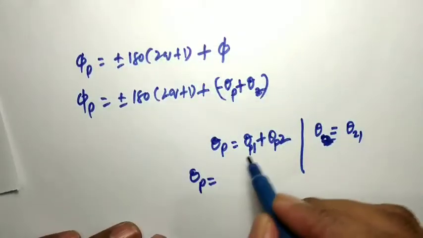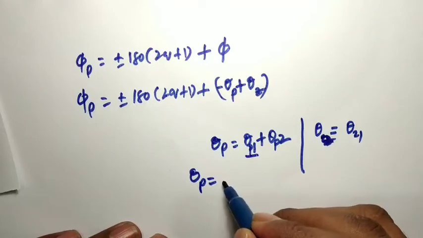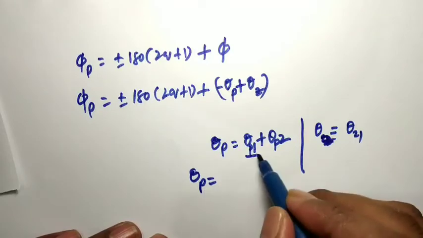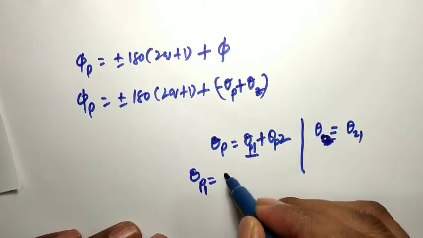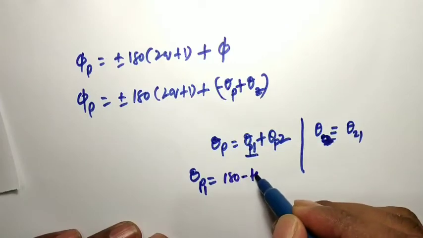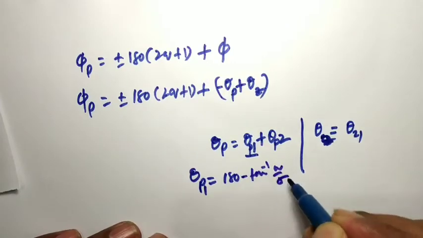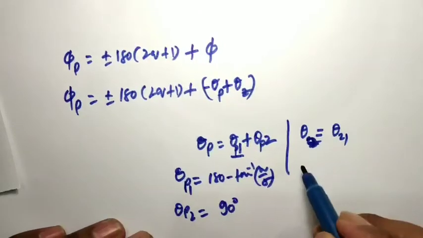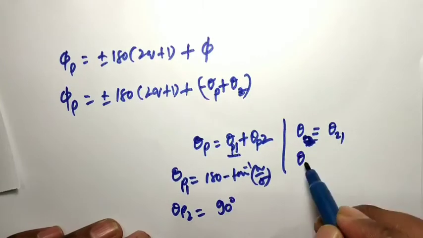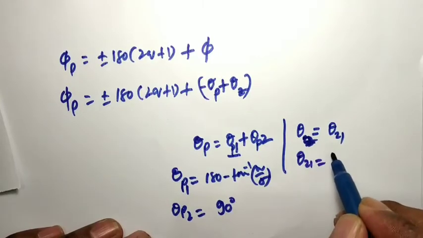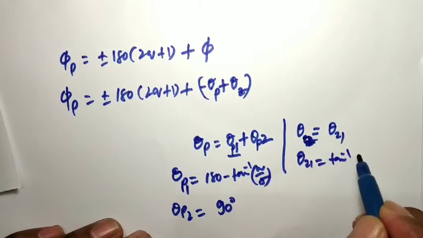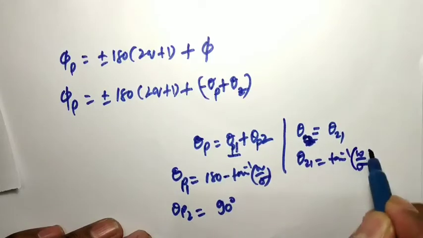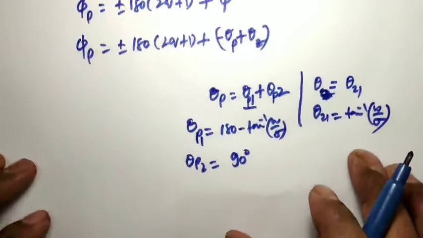Theta p1 is equal to, you know this, 180 minus tan inverse omega by sigma. Theta p2 is equal to 90 degrees, and theta z1 is equal to tan inverse omega by sigma.